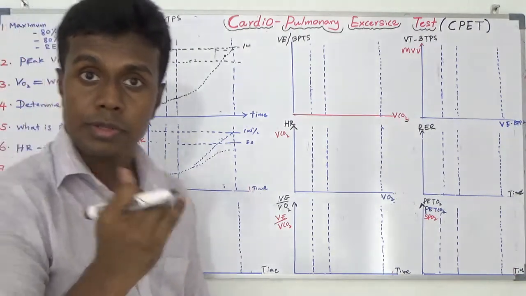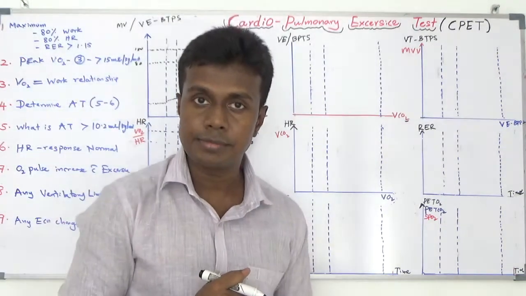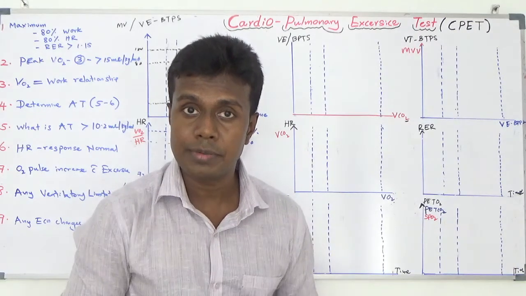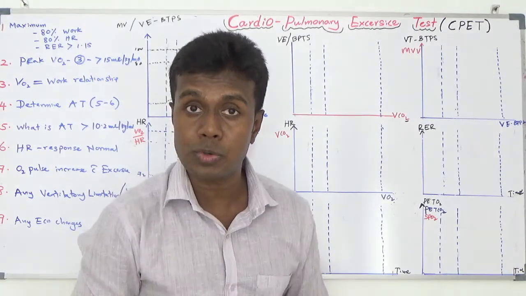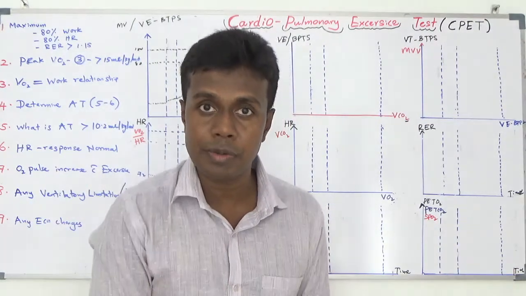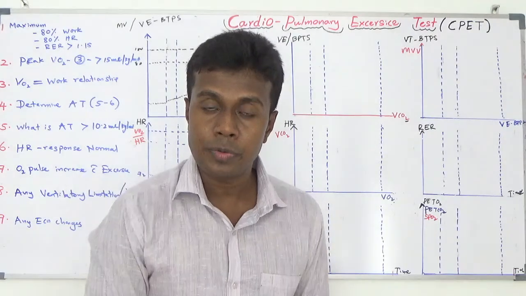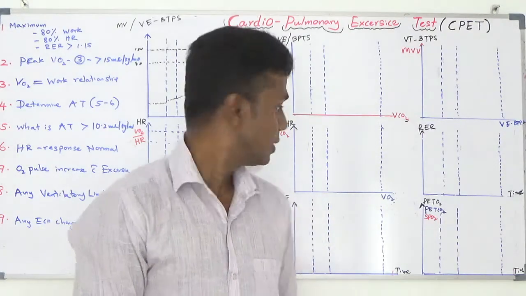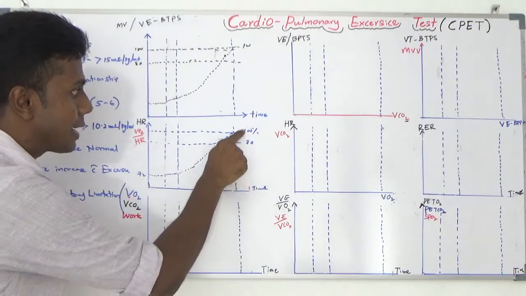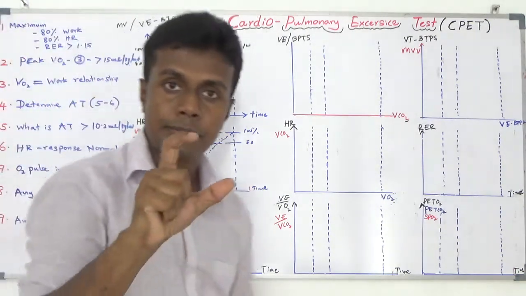If you find a patient with cardiac failure, again the heart rate increment is not normal. You would not achieve the normal heart rate calculated by the software system of the cycle ergometer machine. So if you are perfectly normal, you should achieve at least 80 to 100% of the normal heart rate.